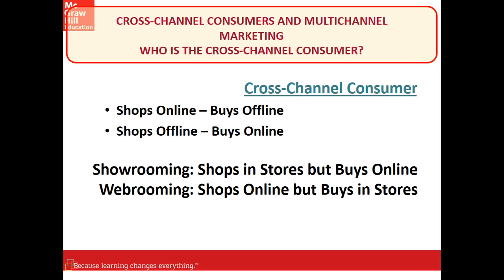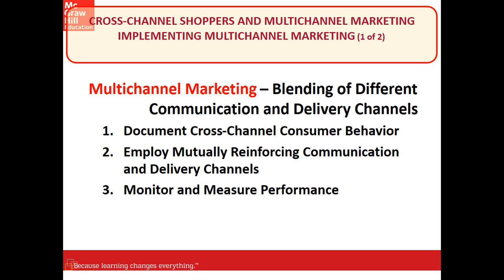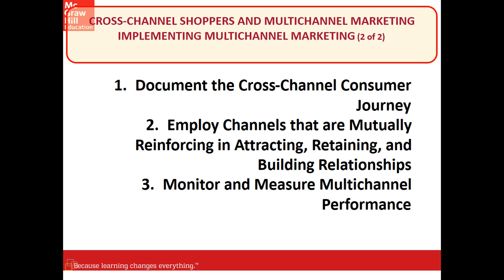Or they shop offline but buy online. Okay? There's a term called showrooming versus webrooming. I'm sure you understand those. Okay? This will be on your test. Multi-channel marketing, basically blending the different communication and delivery channels, online, offline, shopping, delivering, etc. Okay?